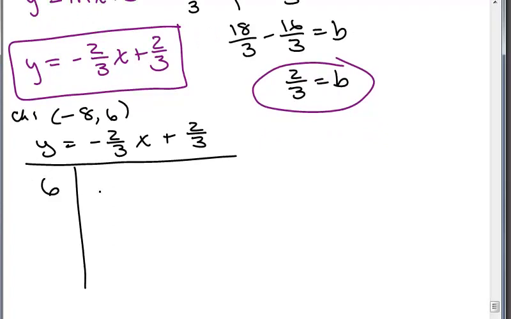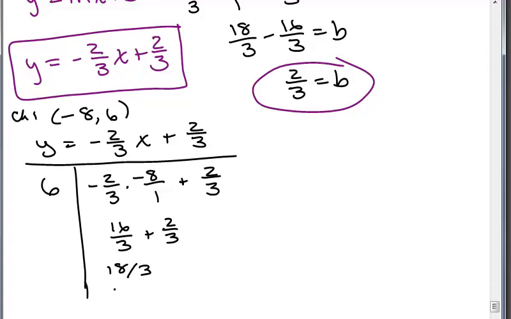We're plugging in 6 for y and negative 8 for x. And we want to simplify the right side. So that's 16/3 plus 2/3, which is 18/3, which is 6. So yes. If you check it, then you're sure that you have the correct equation.